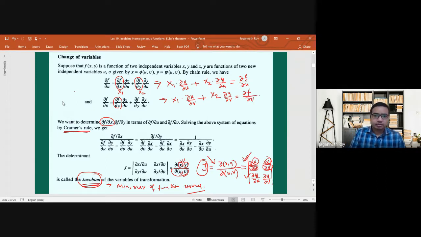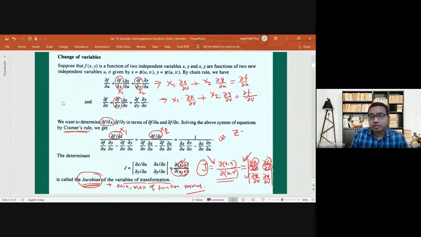If we use Cramer's rule for x1 and x2, then we will get this expression, and the determinant of this one is known as the Jacobian of the variables of the transformation.